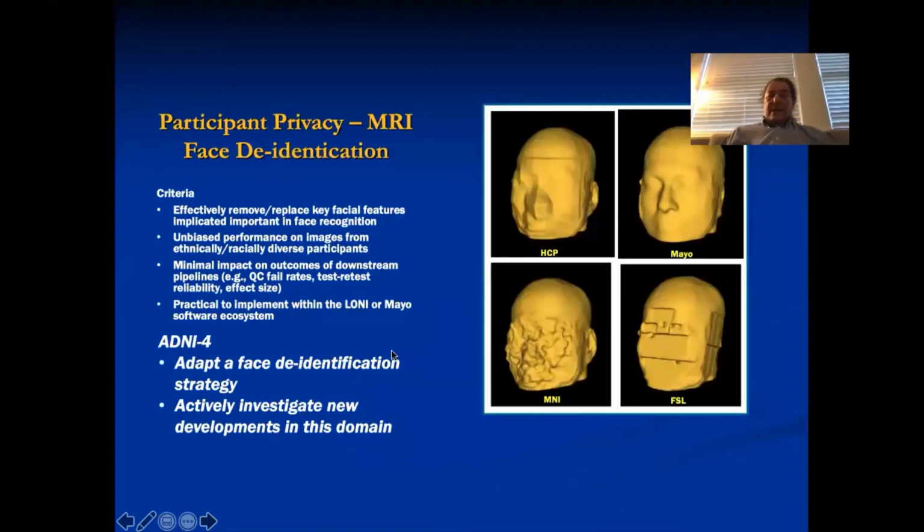So a number of groups have developed what are called defacing methods, where the face is removed from the scan. And we've decided to use a method that was developed at the Mayo Clinic by Chris Schwartz, which takes the patient's face off and puts a common face there instead. And we plan to implement that for ADNI 4.